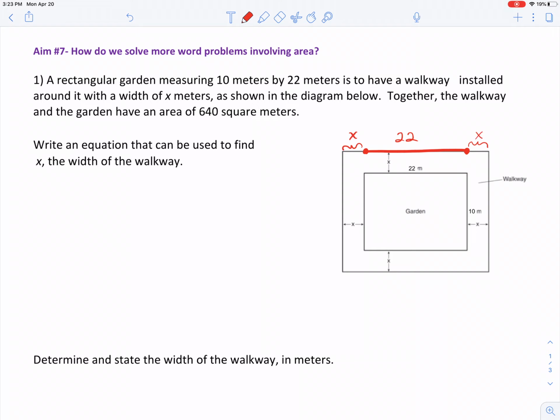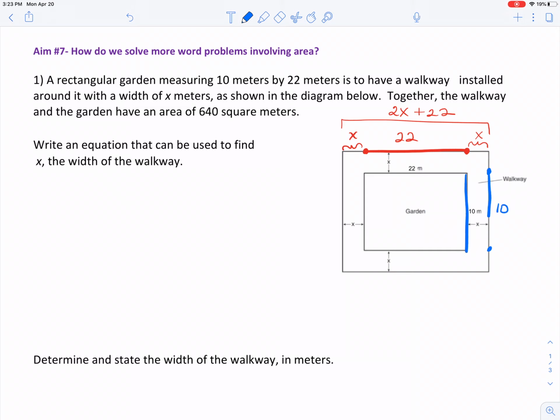So when you add all 3 of these pieces, x, 22, and x, the x's are like terms, so that gives me 2x plus 22. So that's going to be one of the dimensions. Now the other dimension, from here to here, using this dimension here, I know is 10.